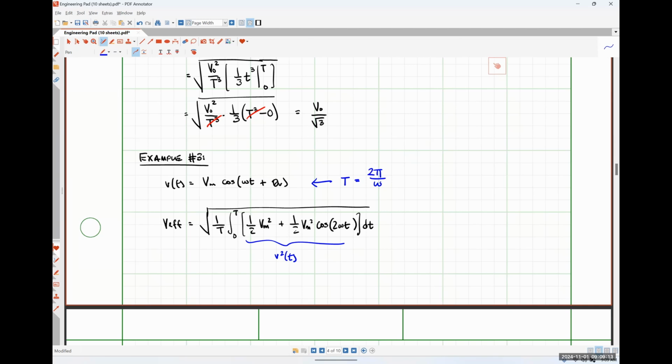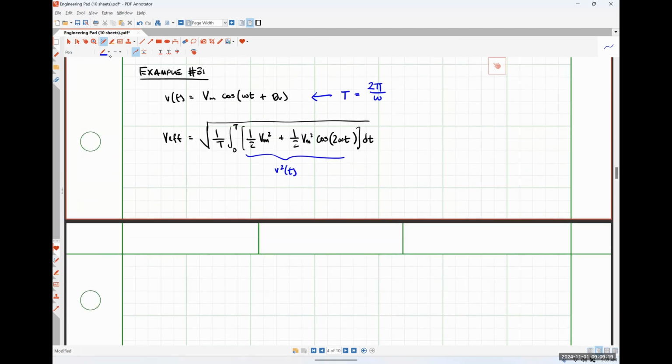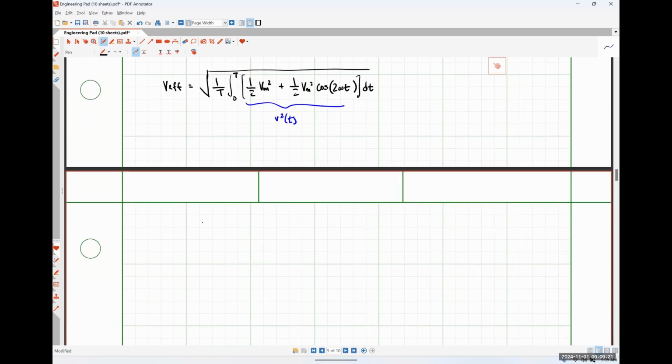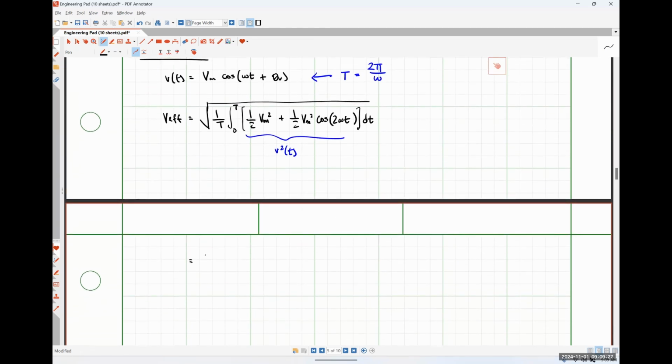I would too. So we're going to plug in this T into our mathematical expression. So 1 over capital T is going to look like omega over 2 pi. And now we're integrating from 0 to 2 pi over omega.